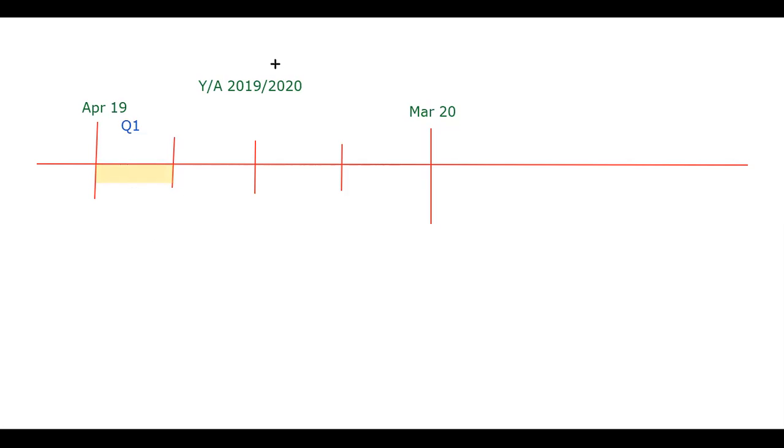Can anyone tell me when they need to pay income tax for the first quarter? Yes, of course. The first quarter payment is due August 15th. Exactly. As you correctly said, it is August 15th.